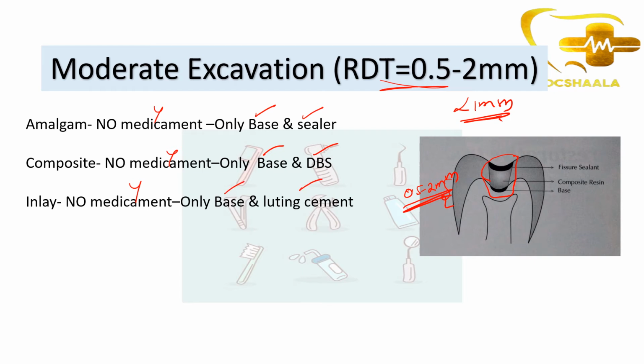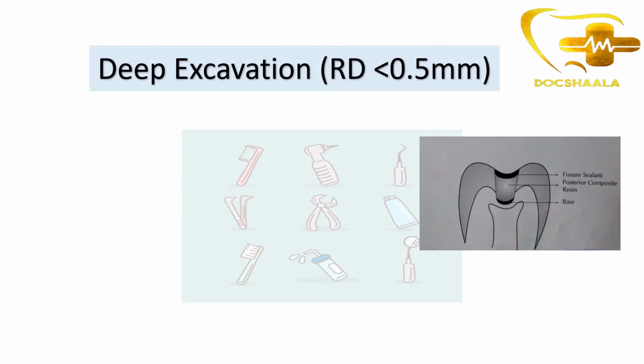In this base we might use many of the cements that we have. Then coming to deep excavation, the remaining dentin thickness is less than 0.5 mm.